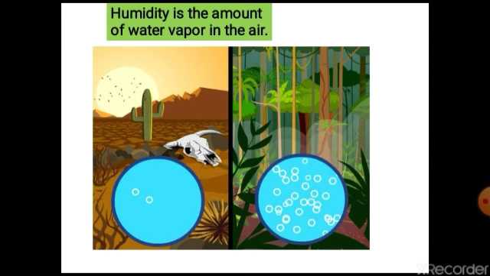But in the desert region, as you can see in the left side of the picture, the humidity will be low, so it cannot balance the temperature. So the days will be very hot and the nights will be very cold in the desert.